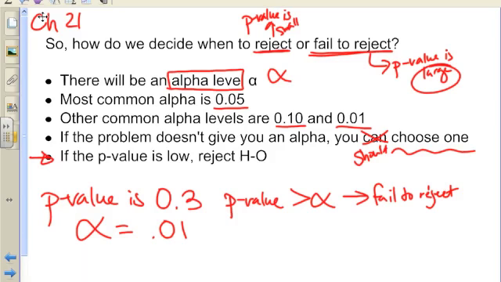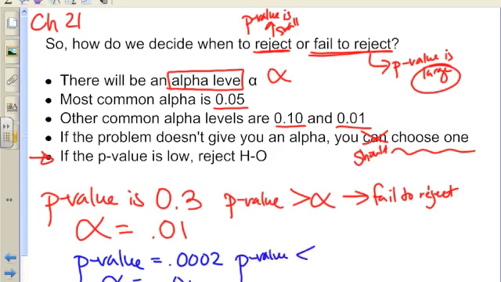All right, let's say I had a p-value of 0.0002, and I have an alpha of 0.01. Well, in this case, my p-value is smaller than my alpha. Small means I reject.